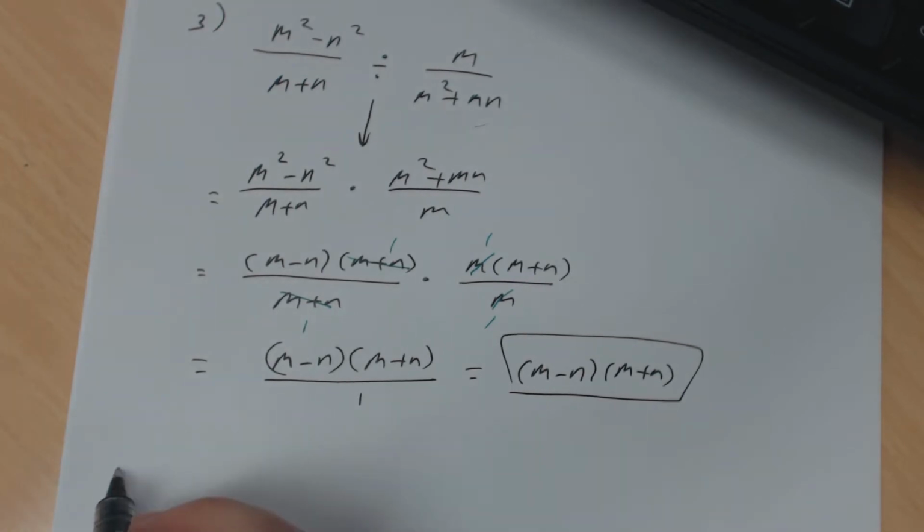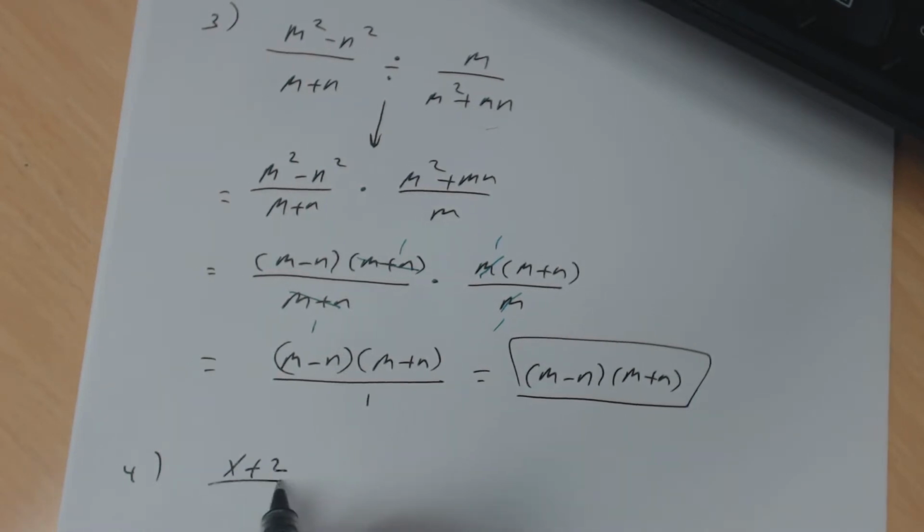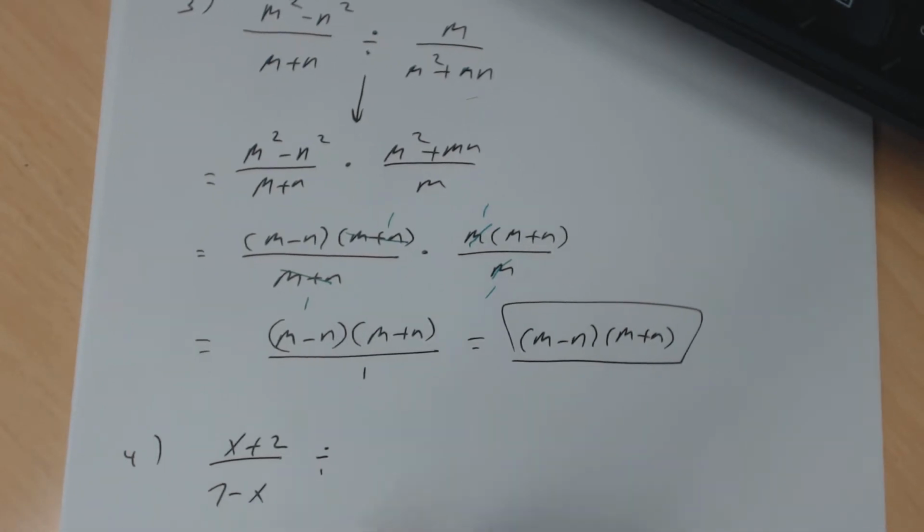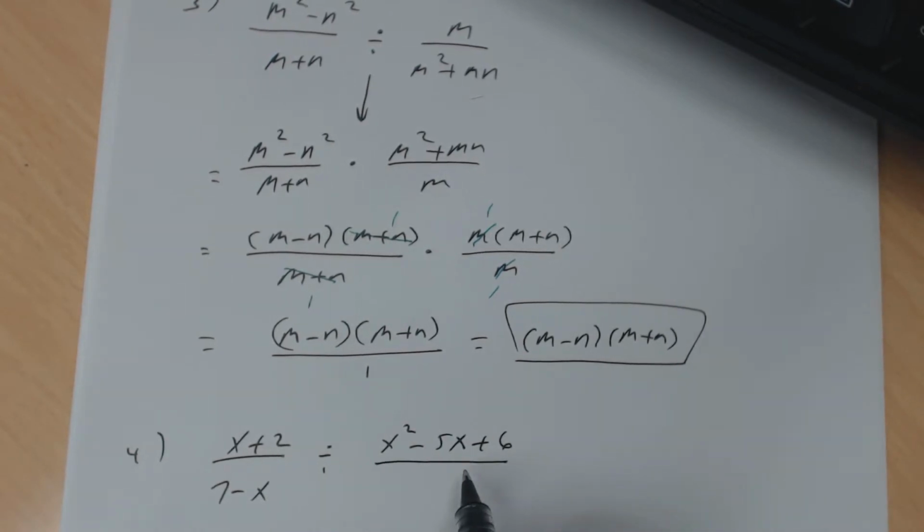All right, number 4. Suppose we had x plus 2 divided by 7 minus x, and that rational expression is being divided by x squared minus 5x plus 6 divided by x squared minus 9x plus 14.